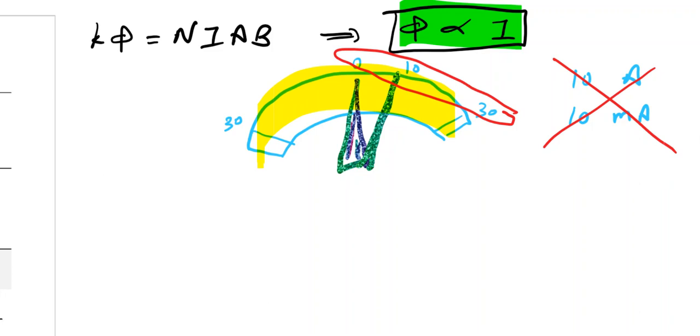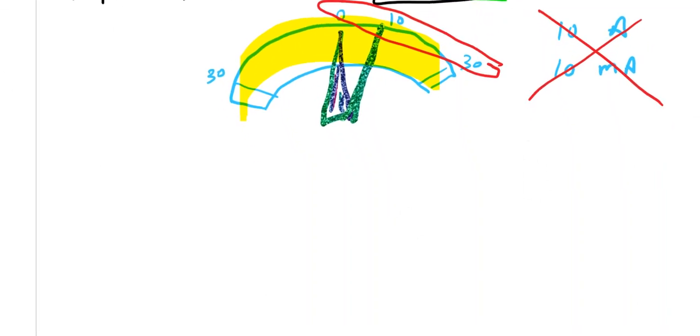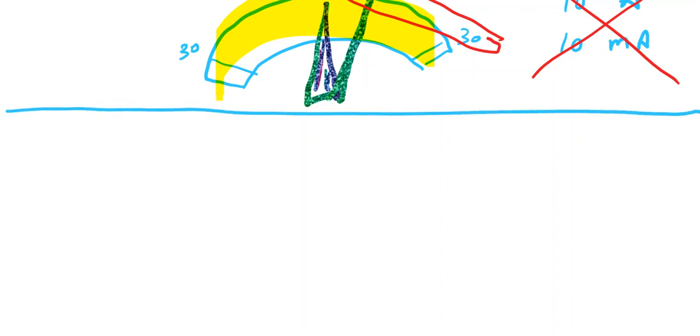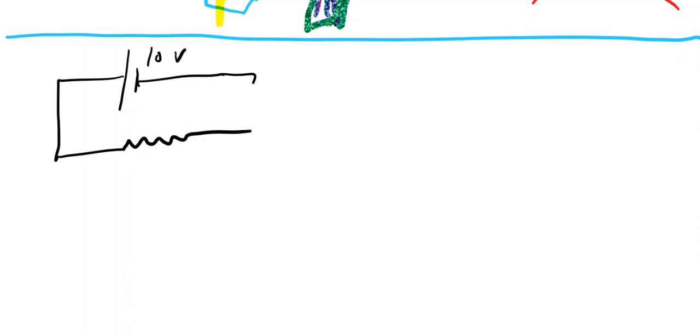Now there are some issues, some problems when we try to use galvanometer as ammeter. Let us talk about the problems. See, first of all, we should be knowing that any current measuring device has to be connected in series. So, suppose I consider a battery of say 10 volt connected to a 200 ohm resistor.